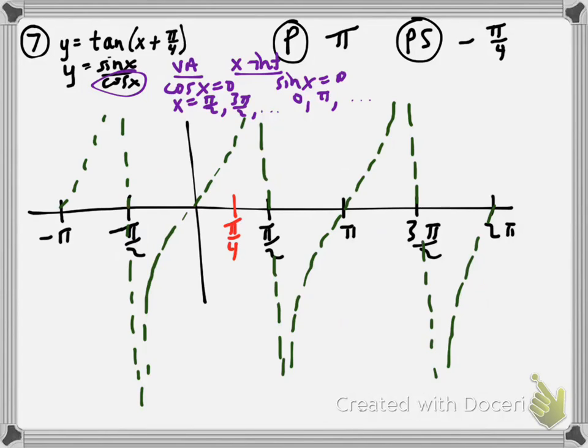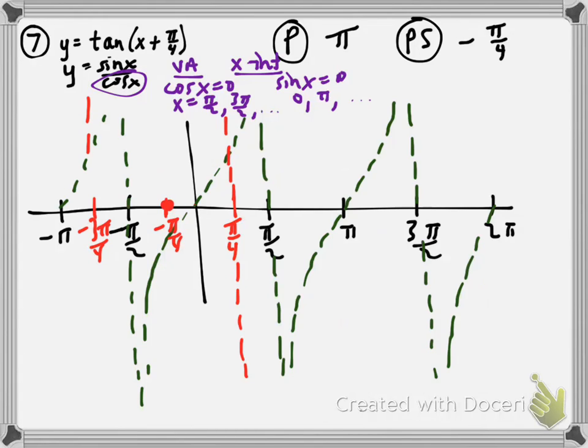The vertical asymptote at pi over 2 moves to pi over 4. The x-intercept at 0 moves to negative pi over 4. And then the vertical asymptote at negative pi over 2 moves to negative 3 pi over 4.